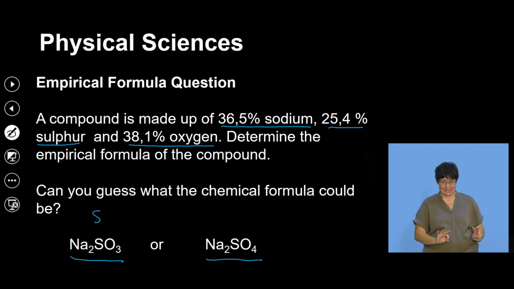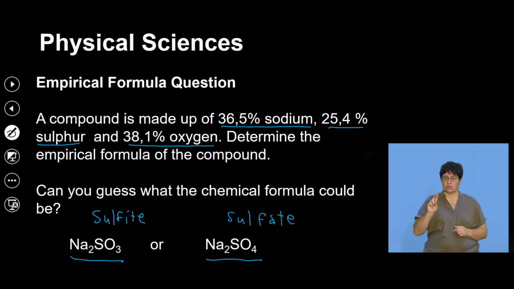So this is a sulfite, and this is a sulfate of sodium, okay? That's the difference. The difference lies in the complex polyatomic ion there. So you just check that the oxygen is 38.1 while sodium is 36.5. So these two are much more comparable, while in the sulfate the oxygen is almost double. So let's think about that in terms of predictions.